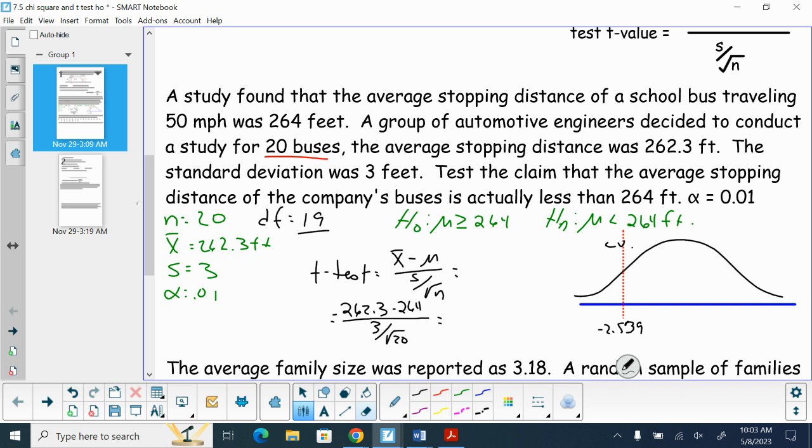So what do you get for your test value? Negative 2.53. You take one more decimal place.